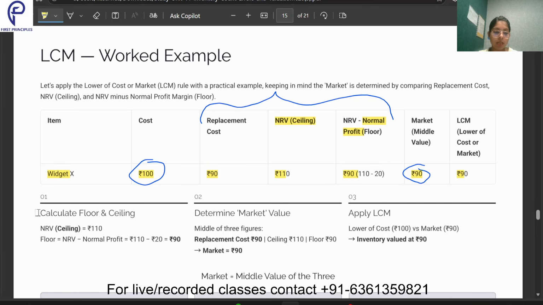So what is step number one? Calculate the floor and the ceiling. Then determine the market value, which is the middle of the three figures. Which three figures? Ceiling, floor and replacement cost. So over here, the replacement cost, ceiling and floor have been given, and the market value is determined as 90. Then apply the lower of cost, that is 100, versus market 90. So inventory is valued at 90 bucks.